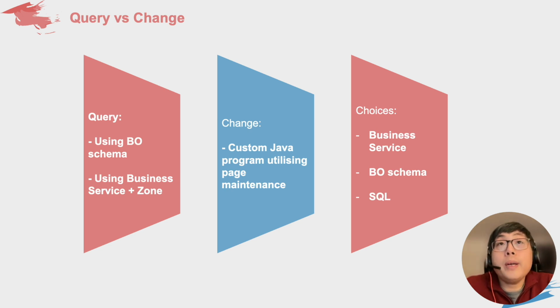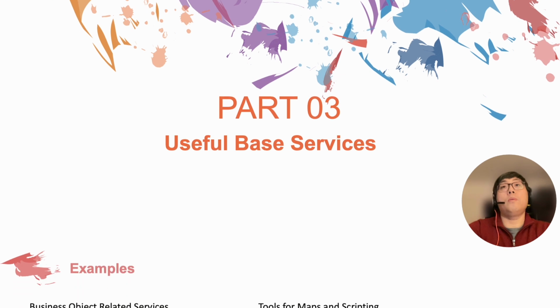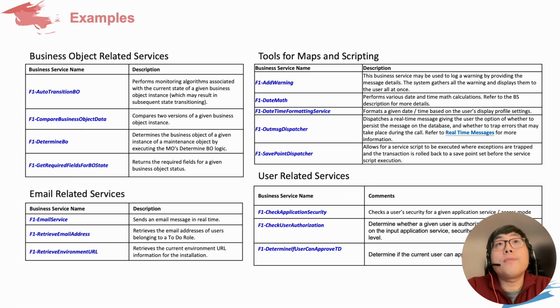Right, part 3, let's look at the useful base services. What I have tried to extract, from the C2M documentation, are some of these business services that are very often used in the project.